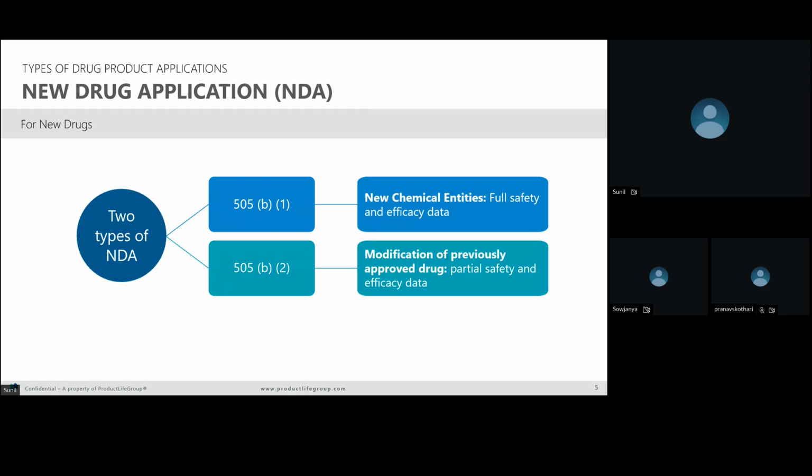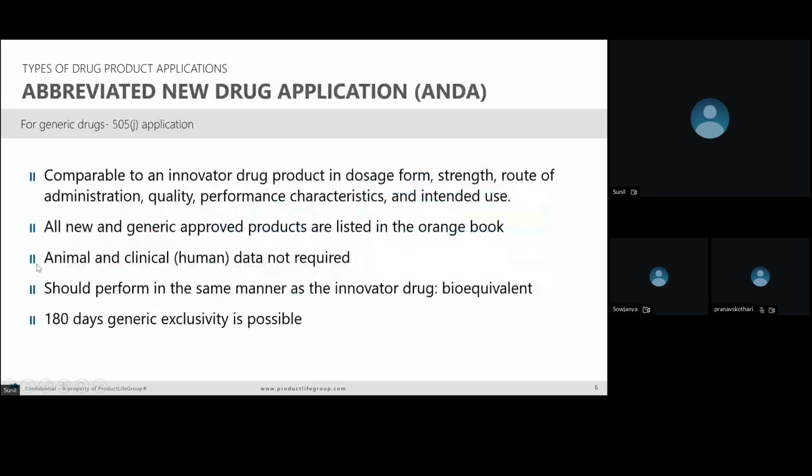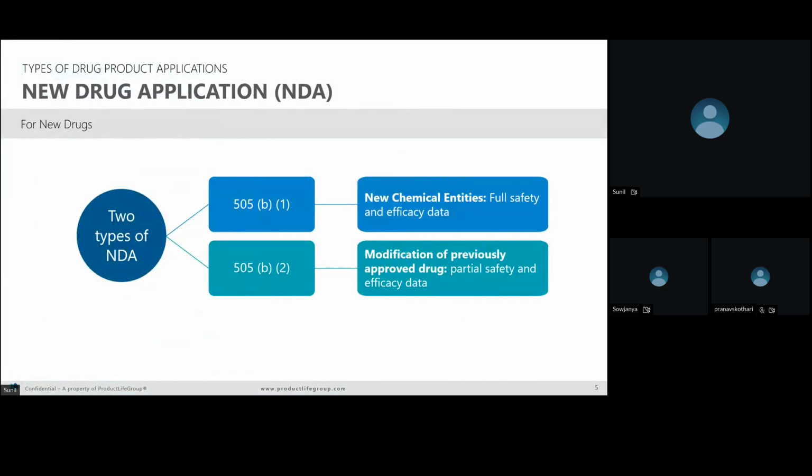NDA also is of two types. One is the full NDA, 505(b)(1), and the other one is the 505(b)(2) type of NDA. In 505(b)(2), we are not the exact innovators, but we are making some modification in the innovator product.